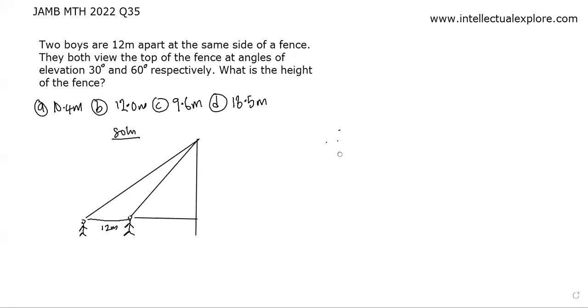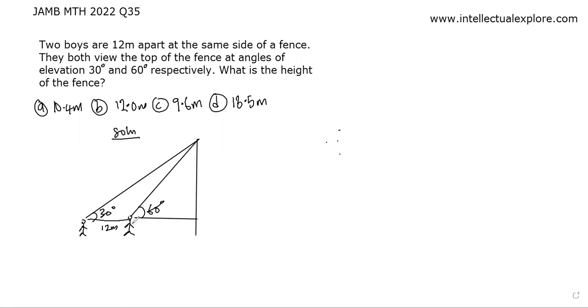So you see, the first one looks at 30 degrees, and the second one 60 degrees, and they are 12 meters apart.